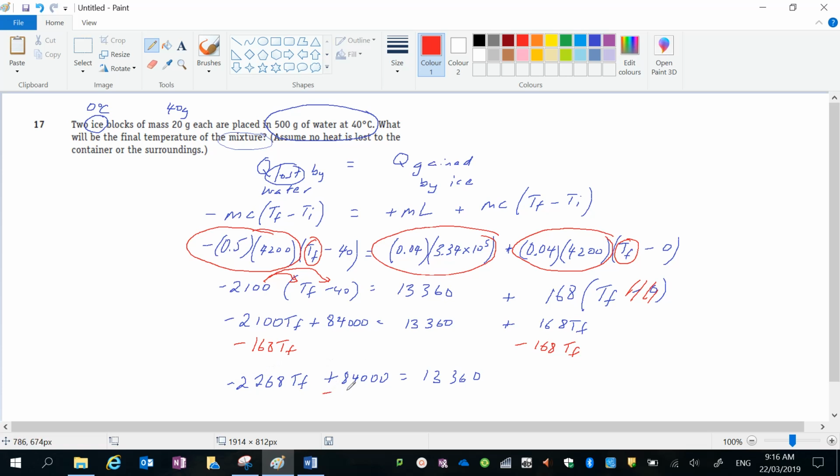So first we'll take away the 84,000, which gives us negative 2268 TF equals 13,360 take away 84,000, which gives you negative 70,640. Okay, I'll move all this up and get our last step.